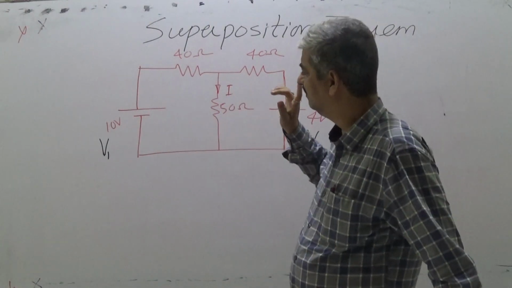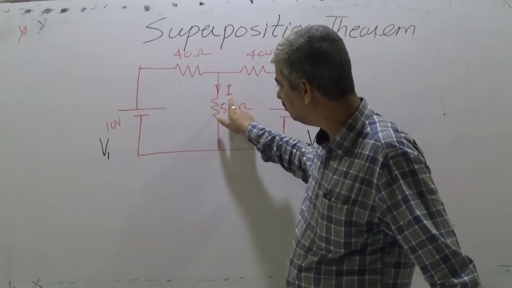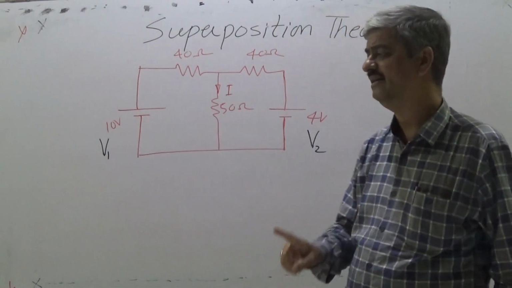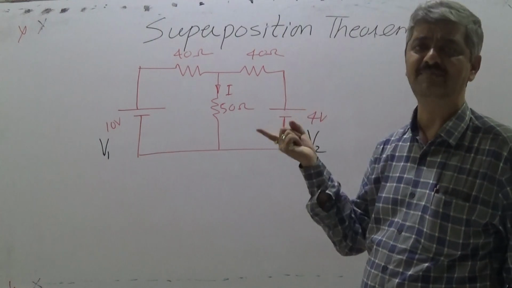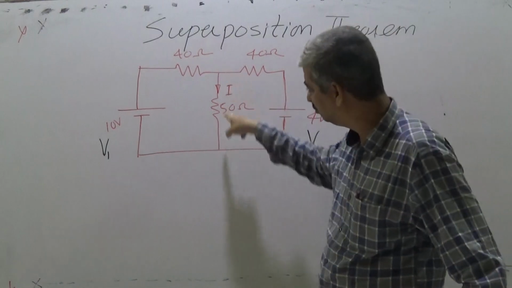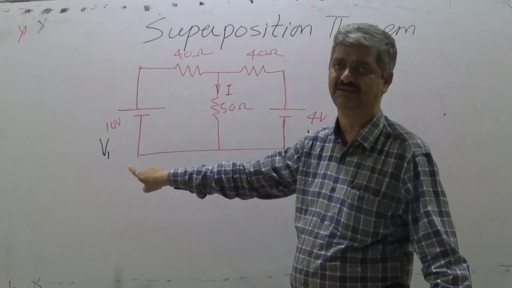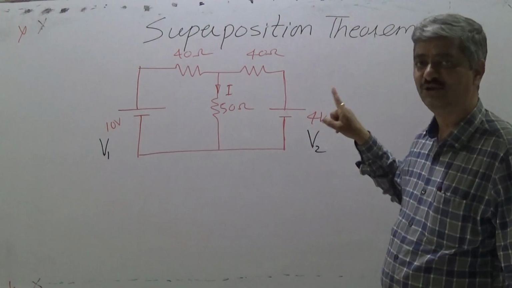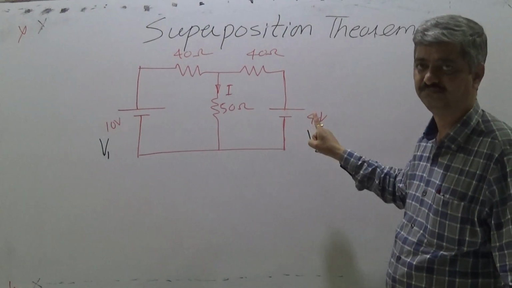So the total current which will flow through this, if it is I, then one can say that it is the summation of two independent currents which would have flown through this if one of the voltage sources was active at that time and the other voltage source was 0 volts. 0 volt voltage source is equivalent to a short.